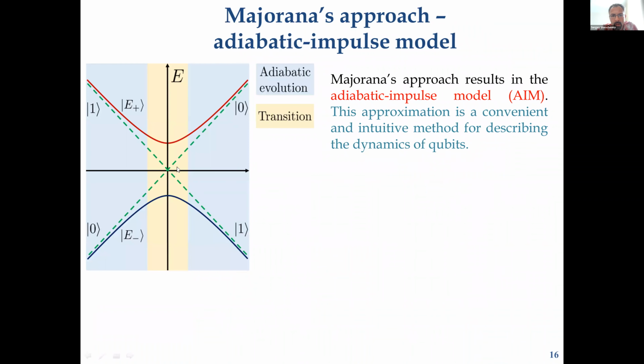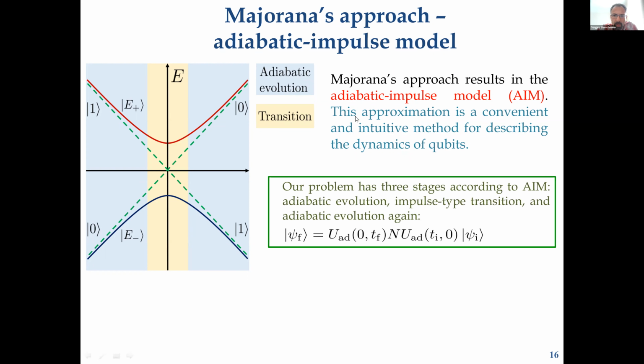Look again, our two-level system, and we start to the left. We would like to know the excitation probability to the right. This can be solved by separating the dynamics into 3 stages, so that the final state vector is obtained from the initial one by multiplying it by 3 matrices. Firstly, adiabatic evolution.